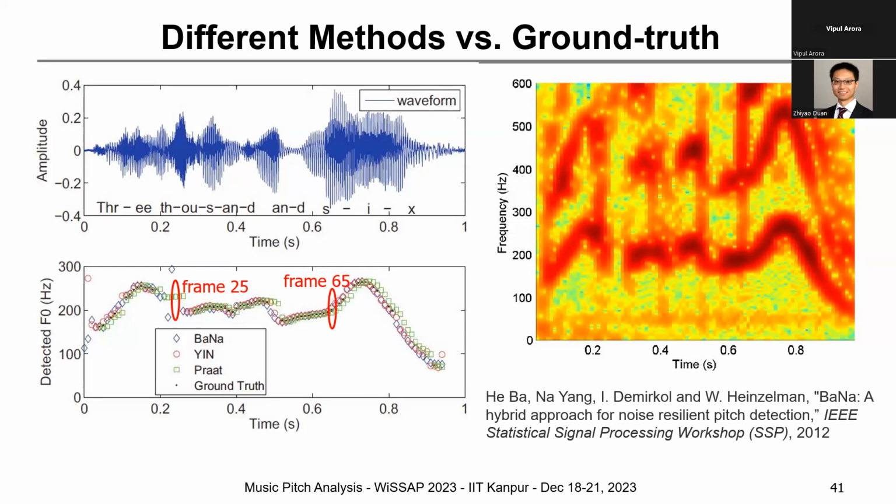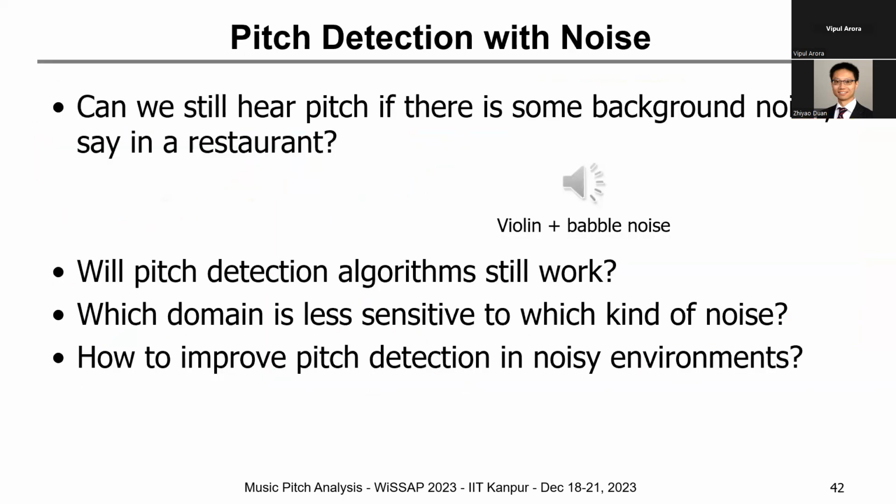And 65 is roughly here. So you see strong harmonics, although the pitch is changing very quickly. So the estimate may have some ambiguity, right? Okay, so that's single pitch detection in clean environments.